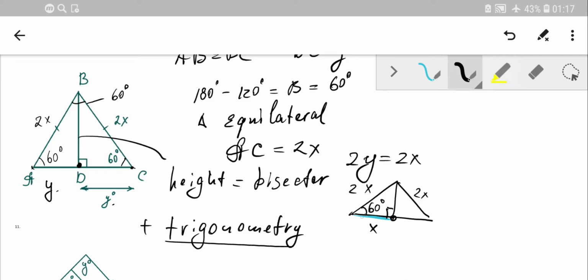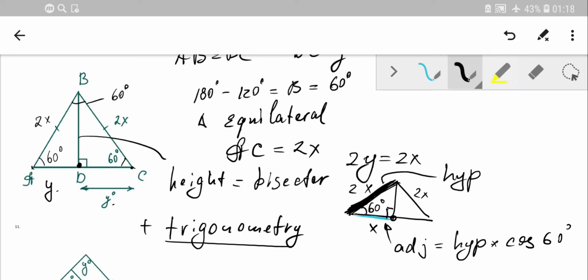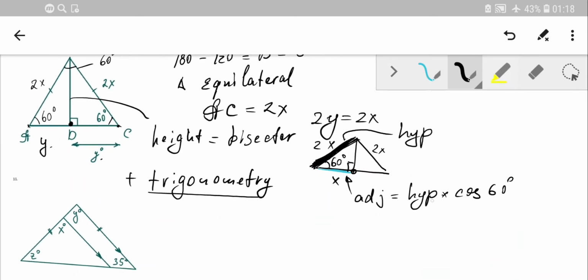This is the adjacent side, and this is the height. So 2x is simply the height. Adjacent is equal to height times cos 60. If we apply that, we get that... but it doesn't make any sense. Cos 60 is 1/2, and we'll never be able to find that. But what if we calculate this another way?